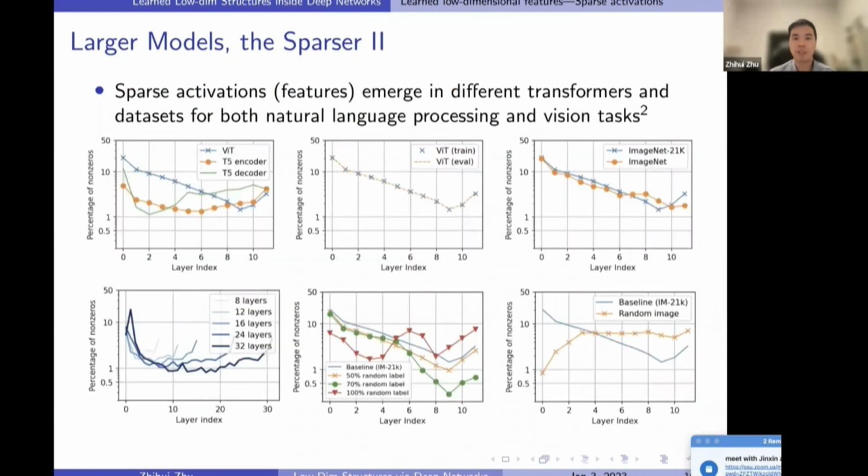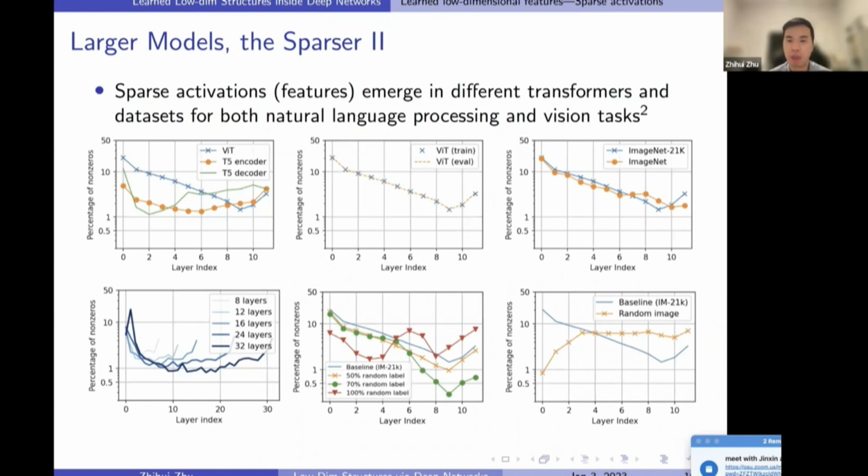This sparse activation emerges in different transformers and datasets. As shown in the top left figure, it appears in transformers, T5 encoders and T5 decoders, and for both natural language processing and vision tasks. It also appears not only on the training data points but also on the testing data points, as shown in the top middle figures.